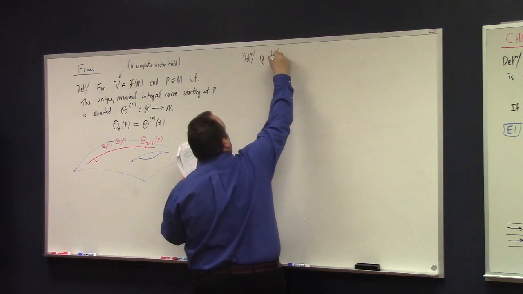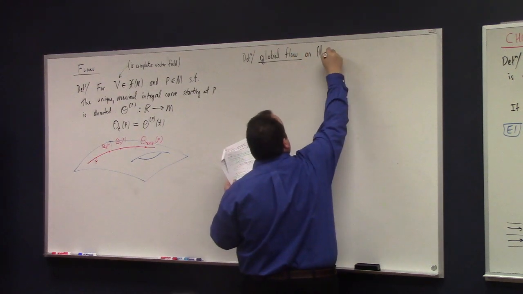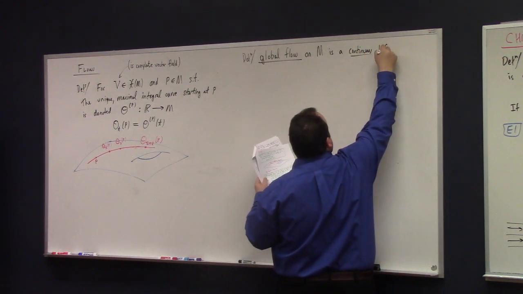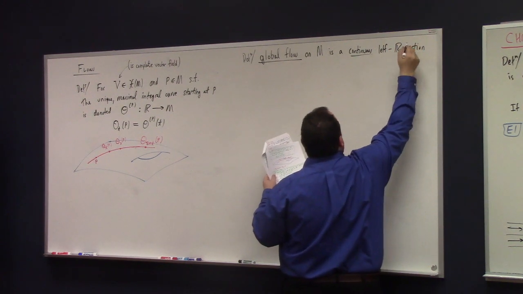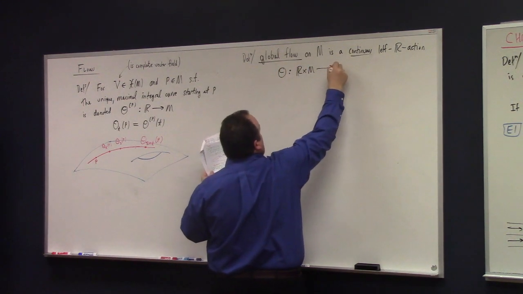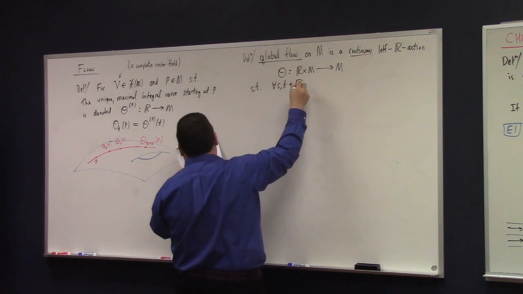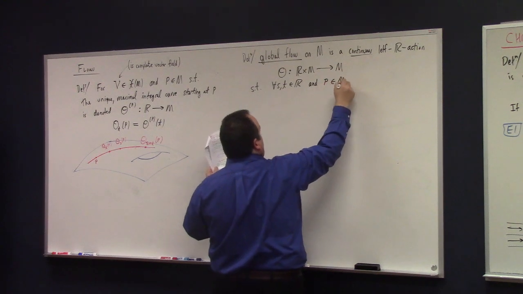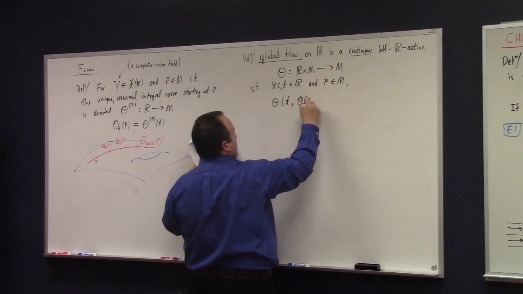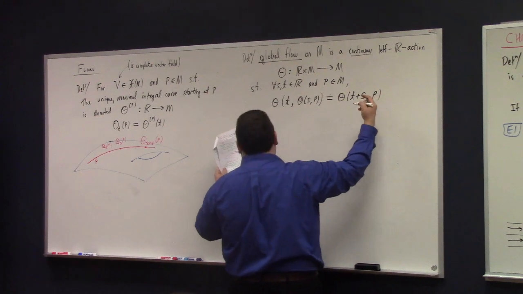Global flow on M, all right, is a continuous left R action, as in left group action, theta, from R across M to M again, all right, such that for all s and t in the reals and p in M, we have theta of t, comma, theta of s comma p equals theta of t plus s comma p, which is what I was about to write down there.